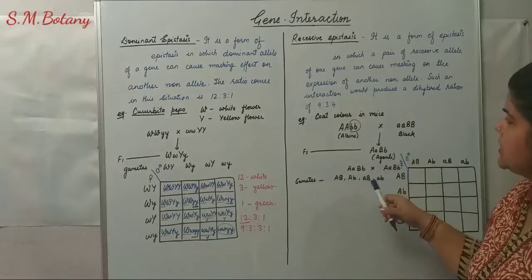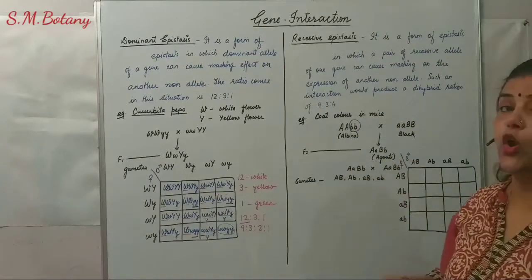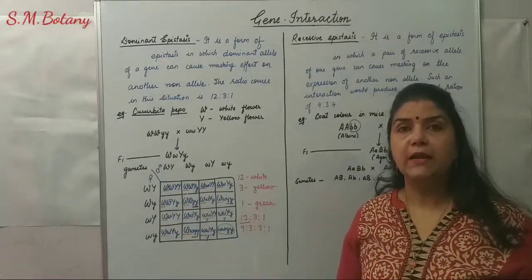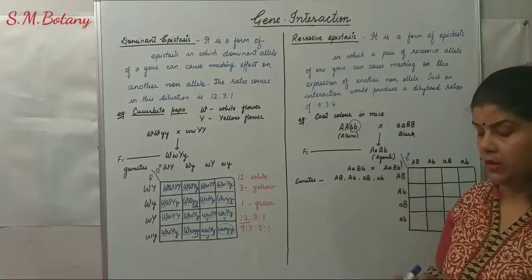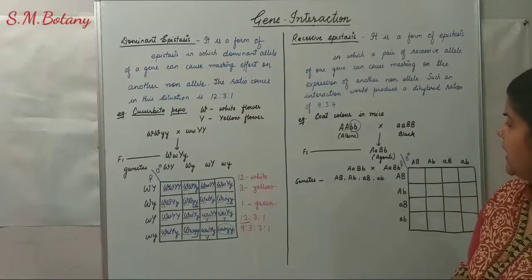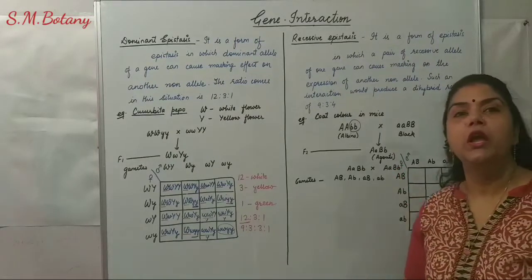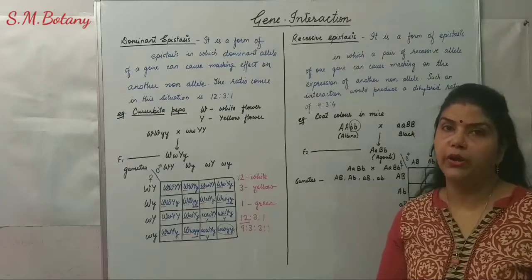When we make a cross, in F1 generation we obtain all 4 types of alleles, that is capital A, capital B, small b. And in this we get a new color, that is agouti. Agouti is a brown or grey color mice.